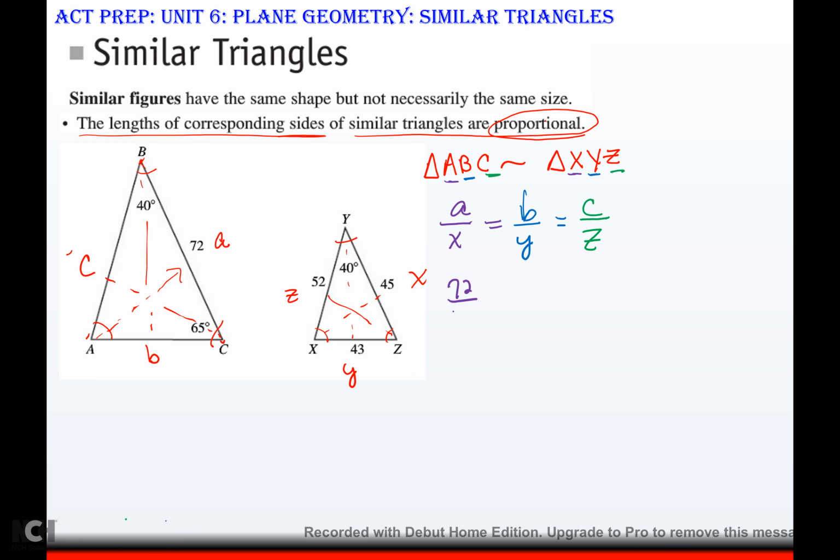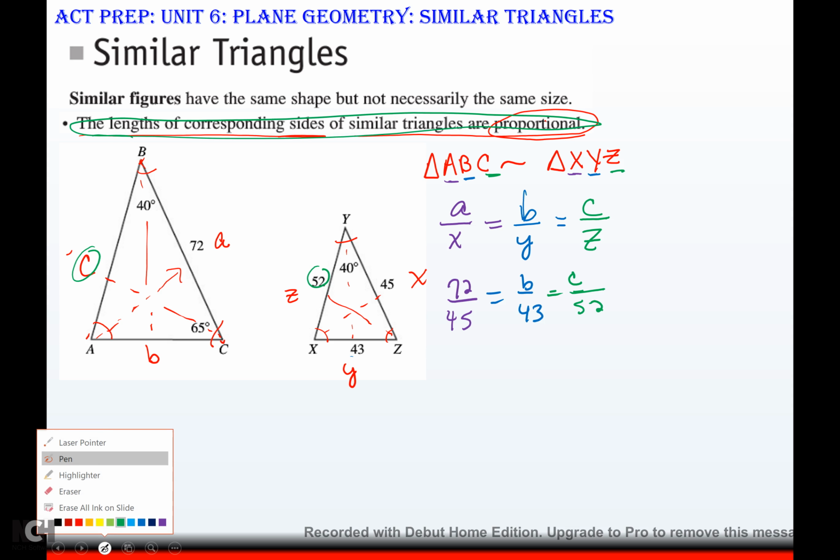I know that little x is 45. For b, I don't know little b, and I know that little y is 43. For c, I don't know little c, over little z is 52. And these proportions have to be true, because it has been proven that the lengths of corresponding sides are proportional to each other.